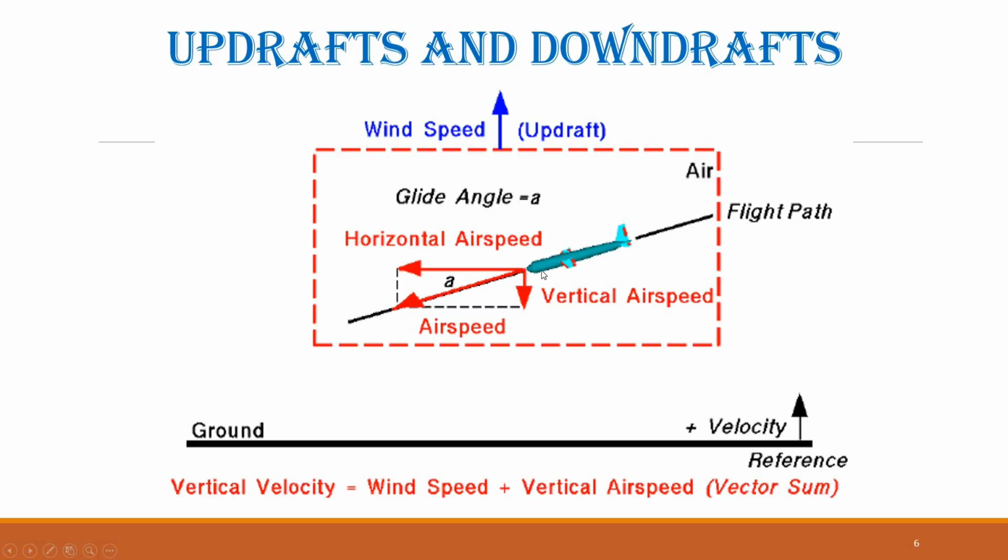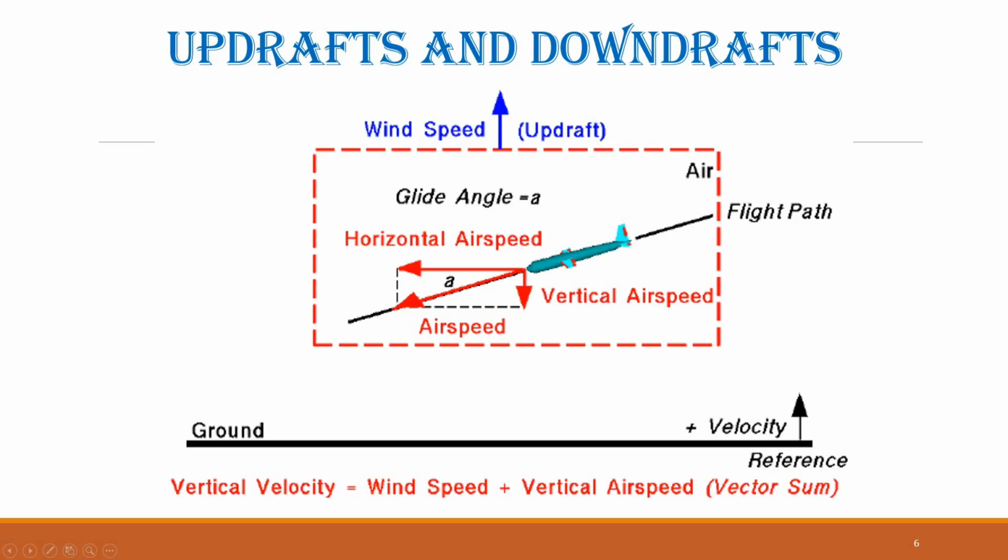If an updraft is rising faster than the glider is descending through the air, then the glider will gain altitude, even though it is always sinking relative to the air around it. In contrast, a strong downdraft can force a glider to lose altitude even when it is climbing relative to the surrounding air.